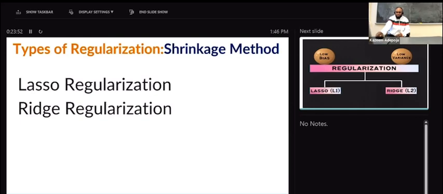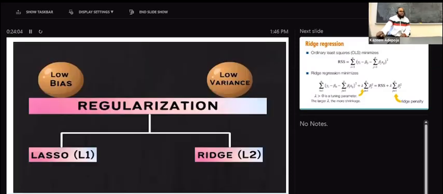Then I basically want to welcome you to the two types of regularization that we also call the two shrinkage methods, the lasso and the ridge. Now, in statistical analysis, don't forget, we actually want to have low bias and low variance, that's the best situation, right?